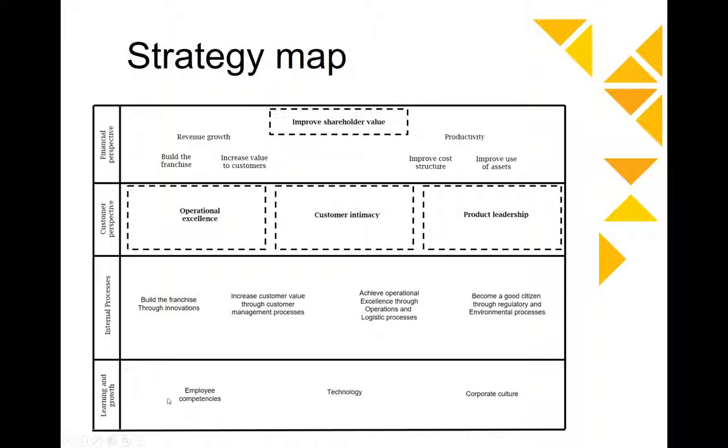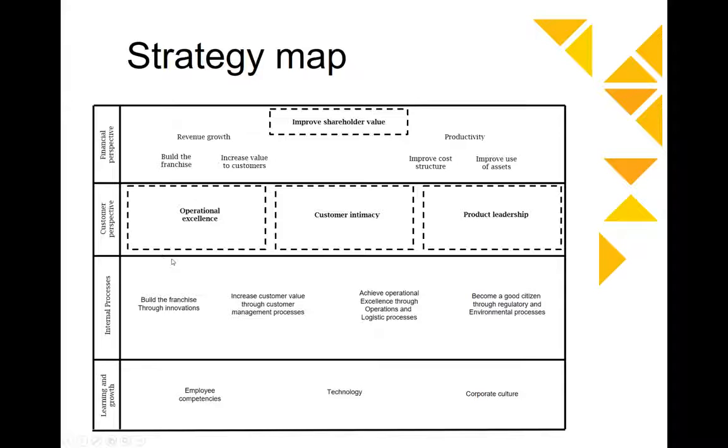Again, learning and growth feed internal processes which generate customer value, which enable the firm to build new franchises, increase customer value, improve cost structures, lower the costs, or improve use of assets. So productivity and revenue growth and improved shareholder value.